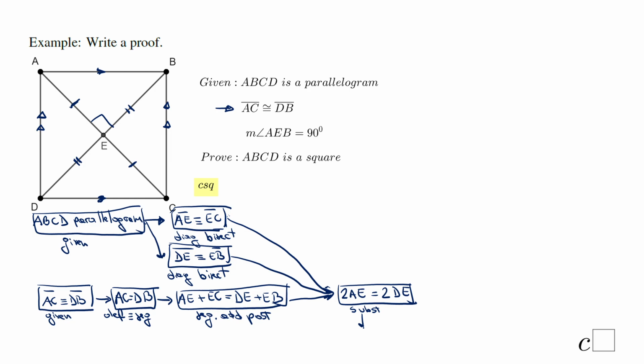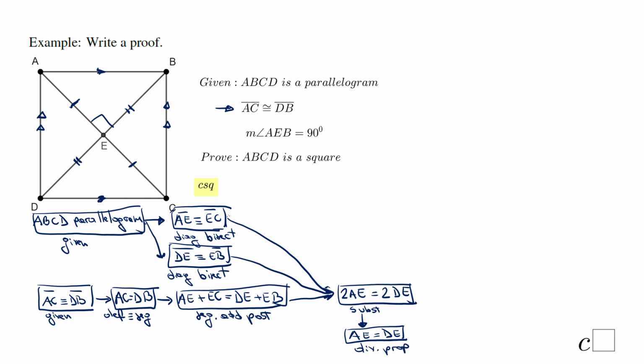And then obviously we can say AE is equal to DE, and that will be the division property because we divide by 2.